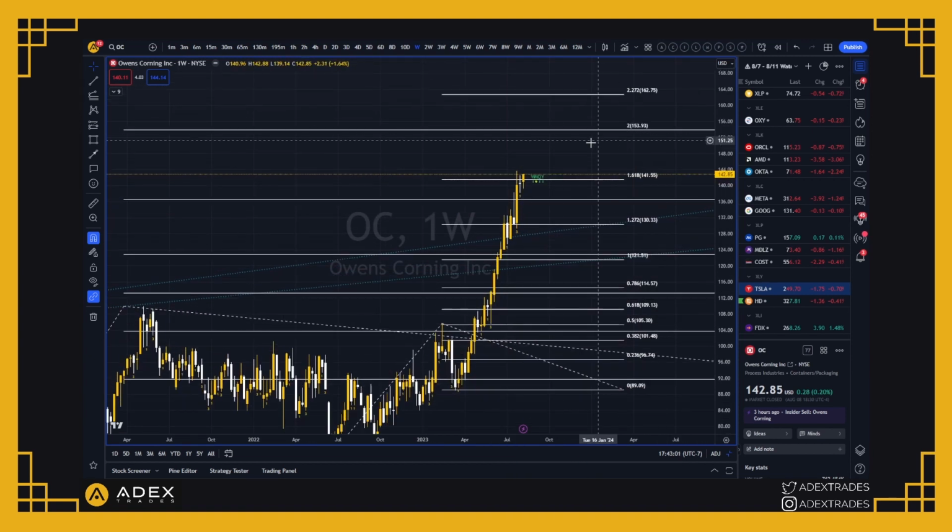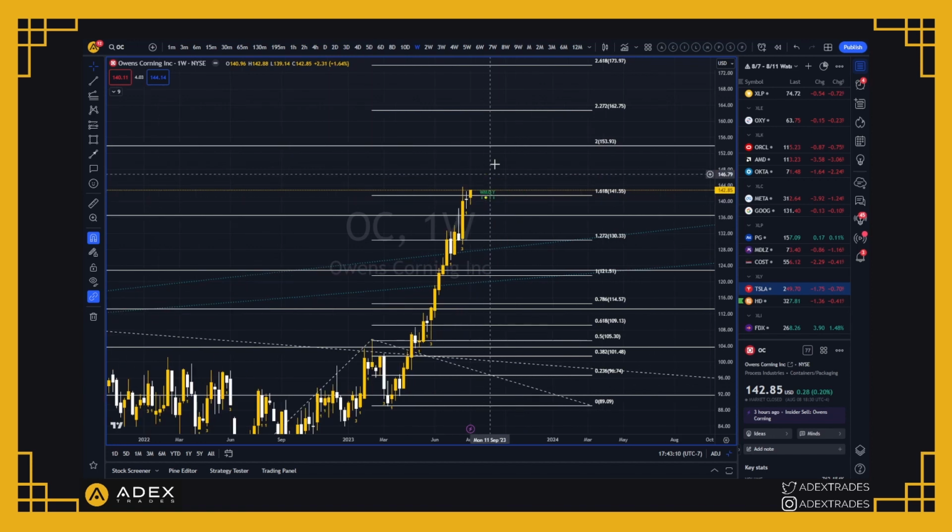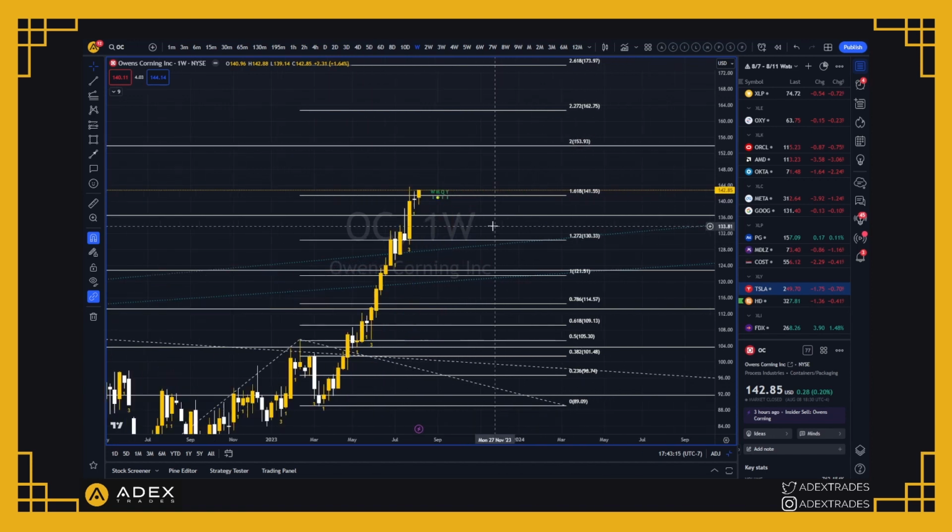And what's crazy is that you have 2 fib-based extensions that match up with that 153 level. So this would be my next area for price targets in terms of fibs.